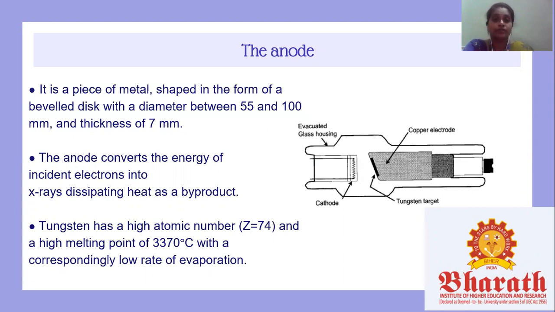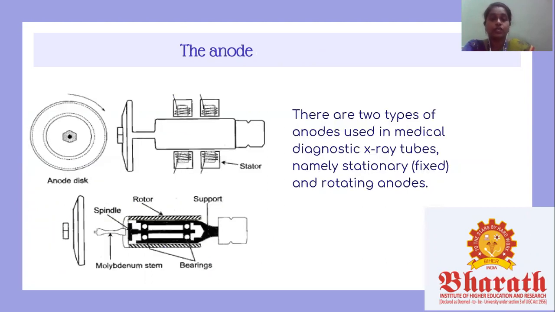Anodes are designed as beveled discs attached to a large copper rotor of an electric motor, rotating them at a speed of about 10,000 rpm at a temperature of 2000 degrees Celsius. The purpose of the rotation is to dissipate the heat. Most rotating anodes represent a rather complex electromagnetic mechanical system consisting of approximately 350 pieces, taking around 150 assembly operations.